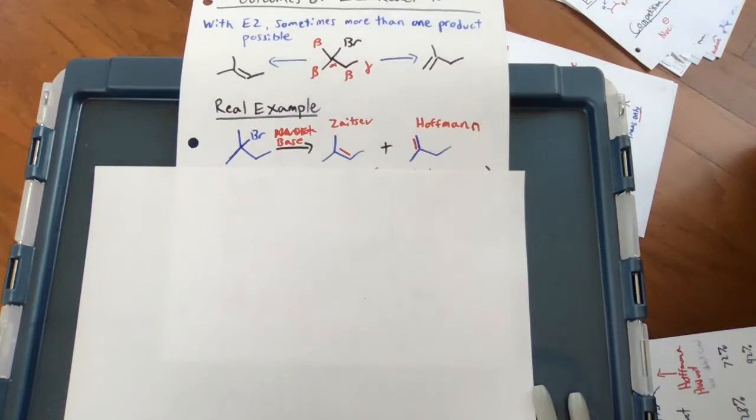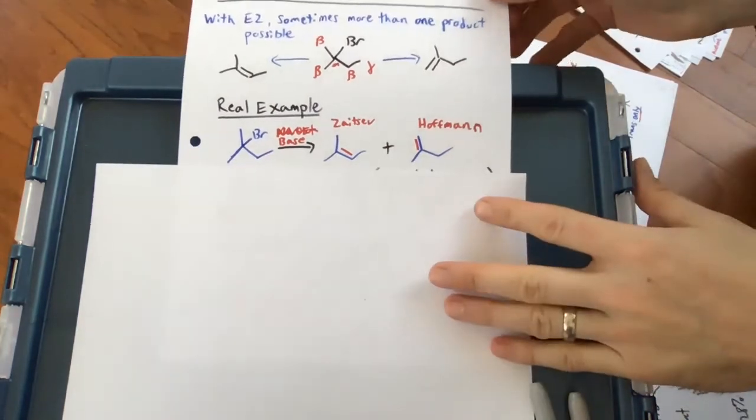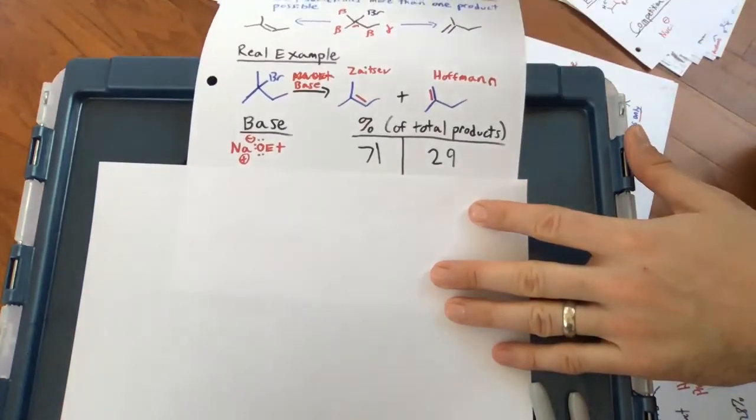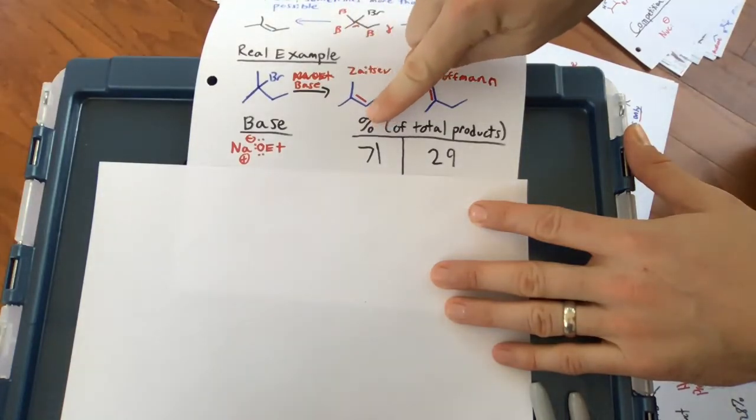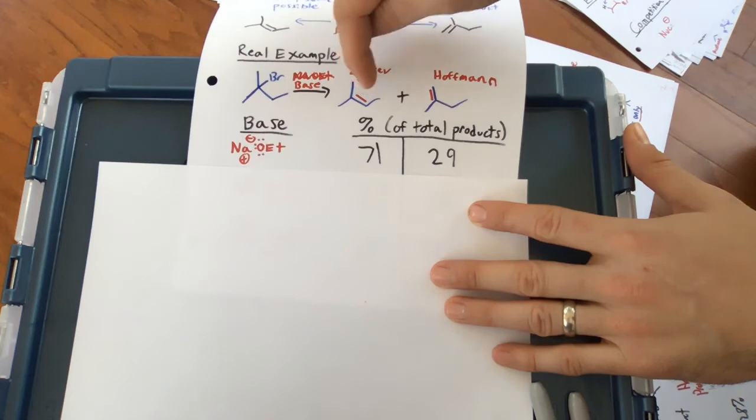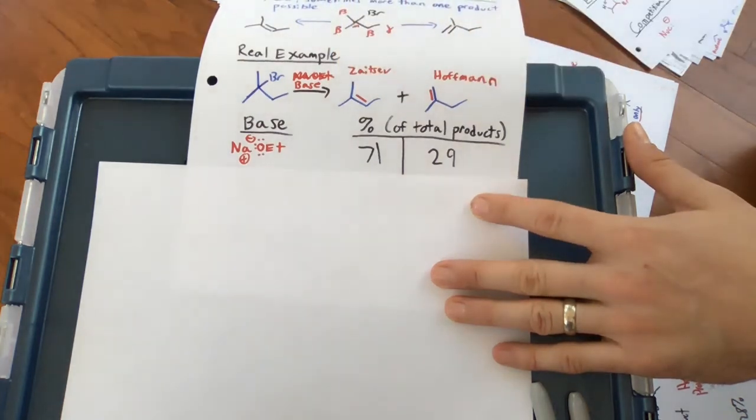These 2 products can be selected just depending on which type of base you use. If you use a small base that is capable of picking out really either of the protons, either one on this side over here or on this side, you can have a mixture, 70% Zaitsev product, 29% Hofmann product.